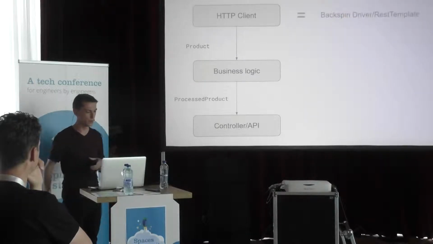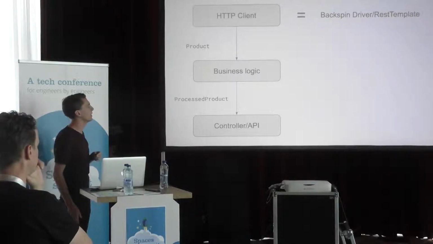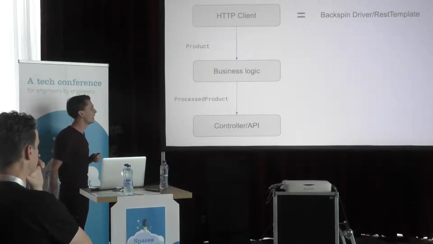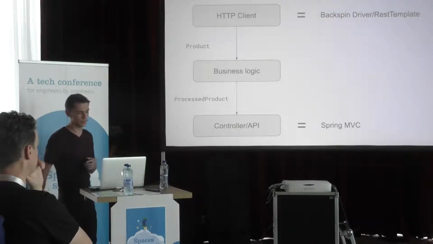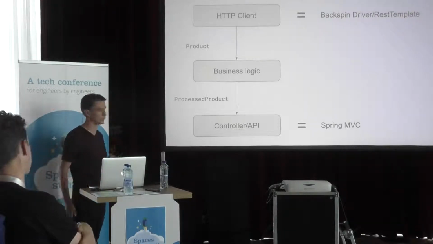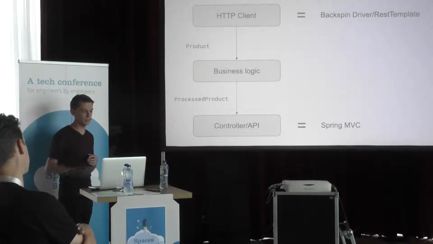So in the old blocking way, we would have something like an Apache HTTP driver or a RestTemplate as the HTTP client, and to return it, we would use JAX-RS or Spring MVC or offer it through another driver. But what does the tech stack look like when we want to do reactive programming?